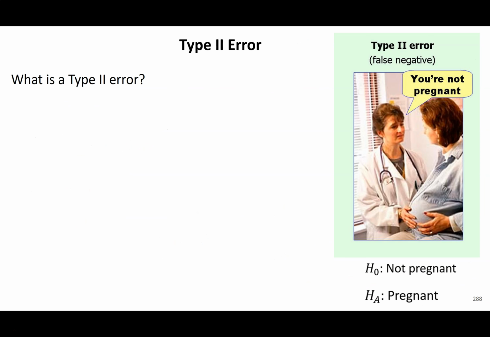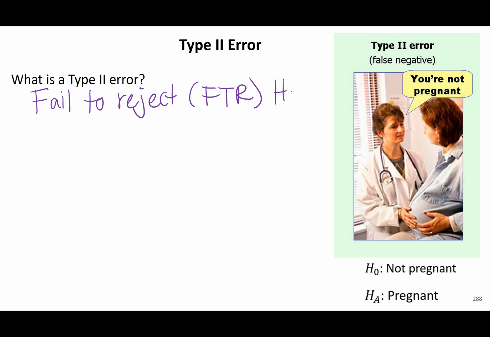Type 2 error, so this is when you fail to reject. And know sometimes we actually abbreviate this FTR, fail to reject the null when the alternative is true. And usually we're not fortunate enough to know for a fact that we made type 1 or type 2 error.